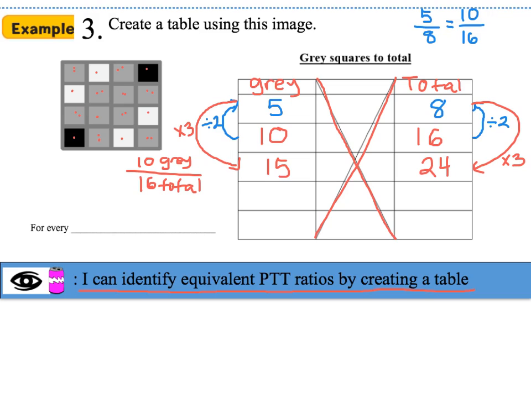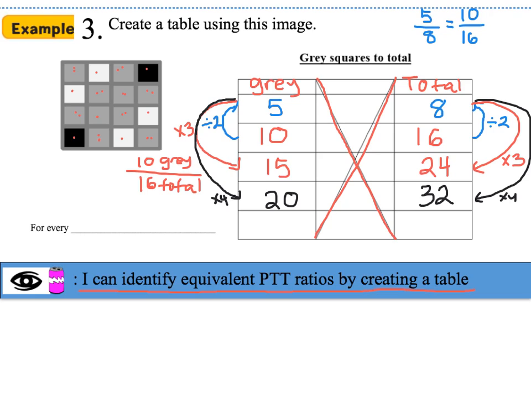You can scale forward again by multiplying 5 times 4. And multiplying 8 times 4. So 5 times 4, that will get me 20 gray squares. And 8 times 4 will get me 32 total squares.